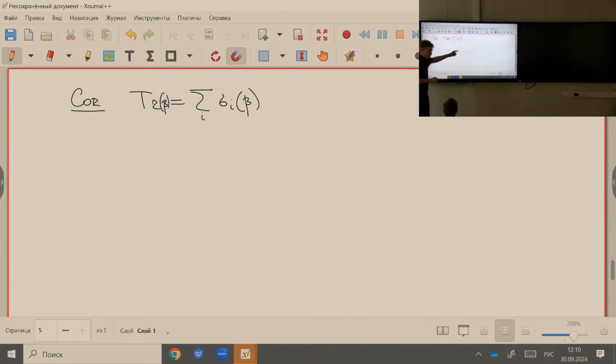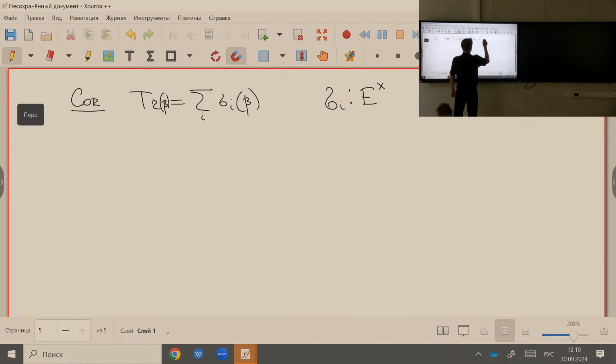This is linear, so the sigma i's can be viewed as homomorphisms of E star to K. So this is G in our theorem, this is K. Yeah?